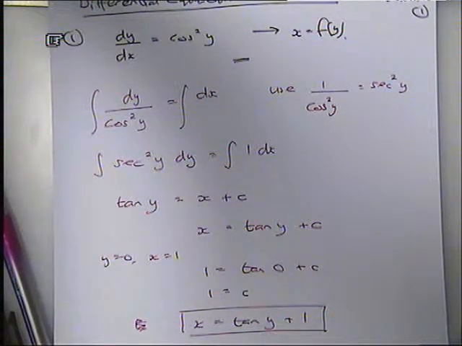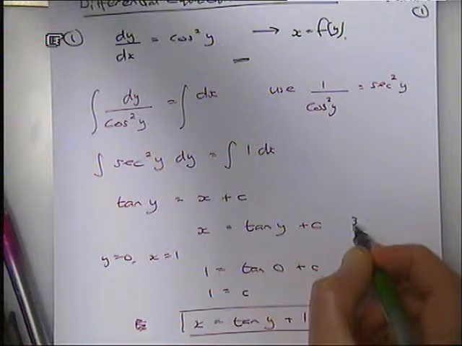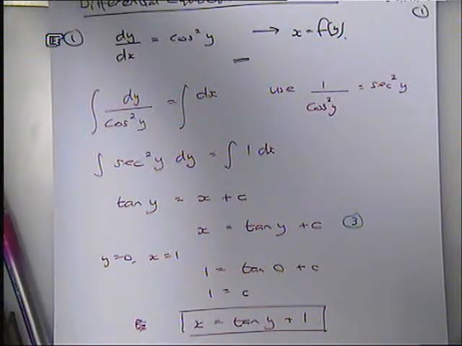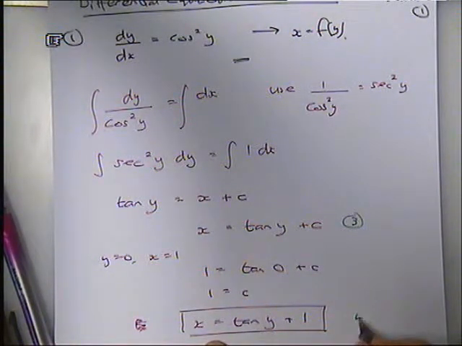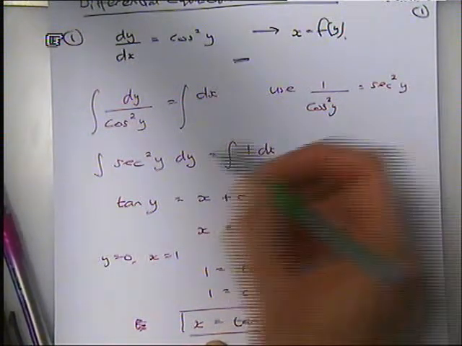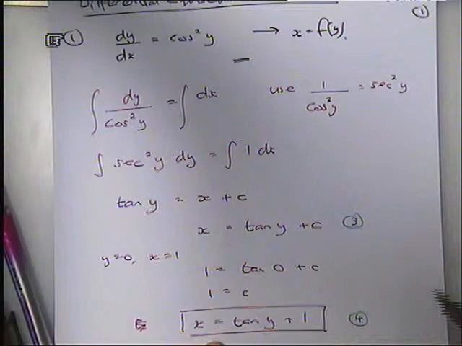So if I go through the marking for this one, there were 3 marks if you got to that stage, and there were 4 marks if you got to that stage. So up here, I think 4 altogether. Yeah, 4 altogether.